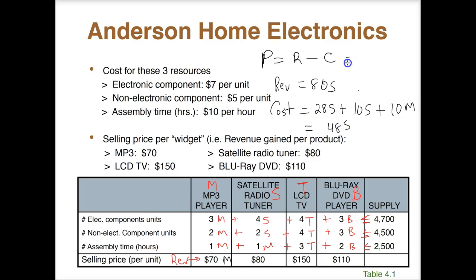And so our profit here is just the difference between 80S and 48S. And of course, 80 minus 50 is 30. But of course, we got 48, so that's 2 more than that. So that's how we end up with the 32S there.